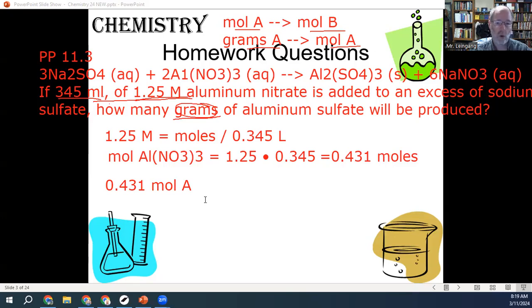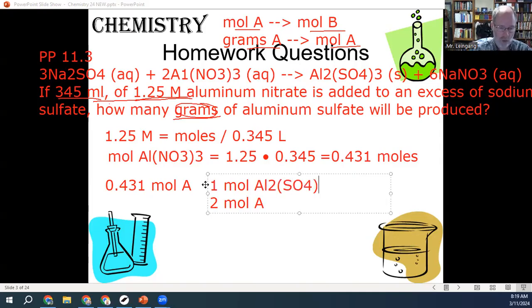Well, we know according to the balanced equation that it is 2 moles of A for every 1 mole of Al2(SO4)3. Again, if I write that all out, I'm going to run out of space, so I'm going to call it B. 2 to 1 molar ratio. 2, that's the coefficient, 2, 1.